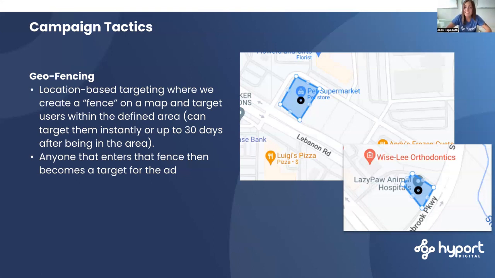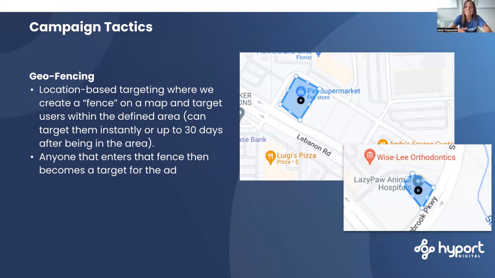An example of this would be, let's say a veterinarian wants to target pet owners in their community. So they decide they are going to geofence all of the competing veterinarians to target their clientele. And then they also want to target pet stores, grooming facilities, places where pet owners could be frequenting.